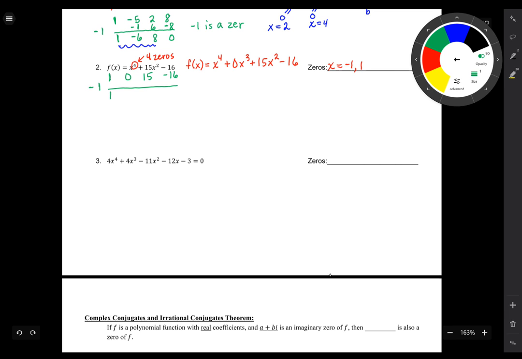Bring down the 1. 1 times -1, add. Oops, I did something wrong. So let's see. What did I do wrong?